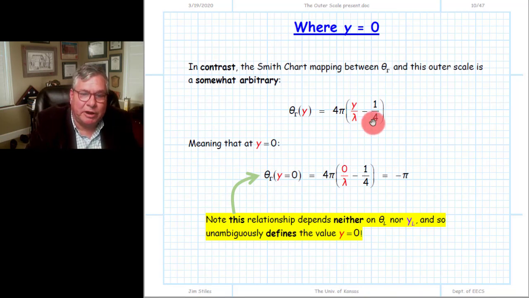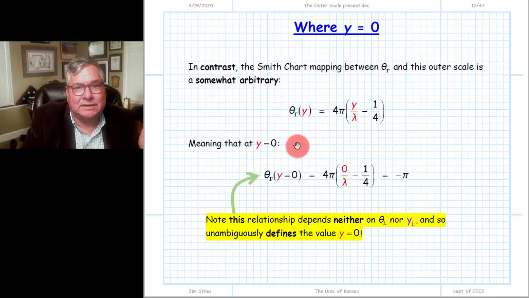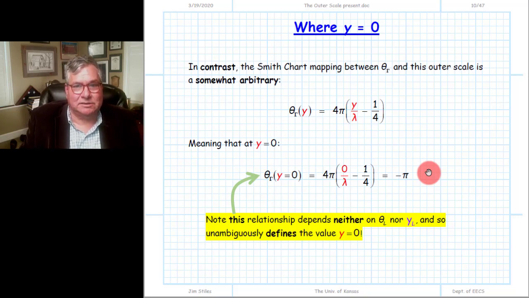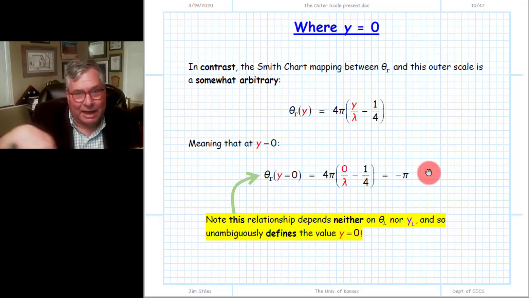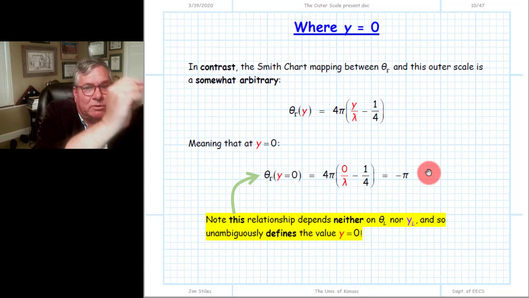If we take this expression and evaluate it at y equal to 0, then we get a result which is equal to minus pi radians. And remember, we talked about this at the beginning. We go over to the point on the outer scale here where the y scale began at 0, and it increased as we rotated around.